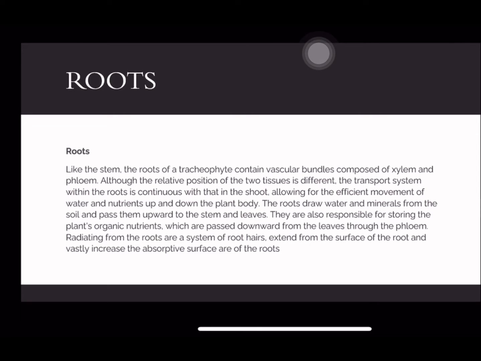The roots draw water and minerals from the soil and pass them upward to the stem and leaves. They are also responsible for storing plant organic nutrients, which are passed downward from the leaves through the phloem. Root hairs extend from the surface of the root and vastly increase the absorptive surface of the roots.